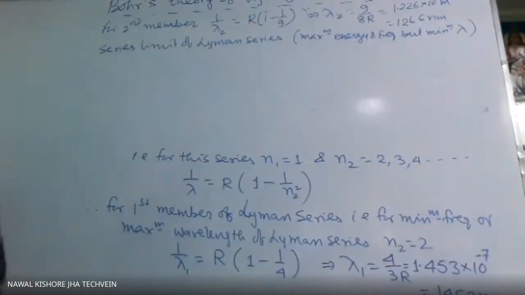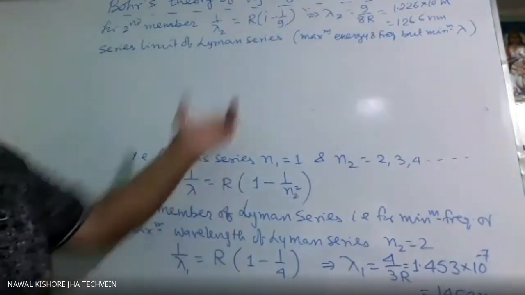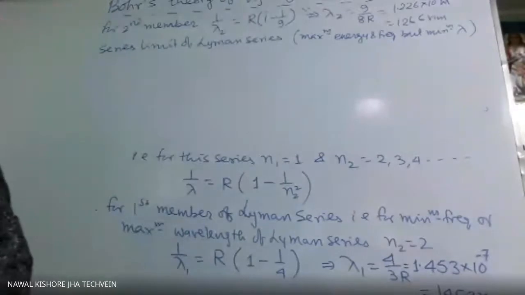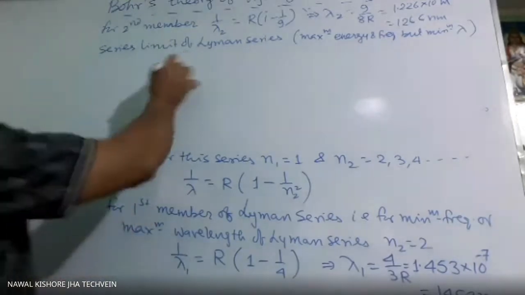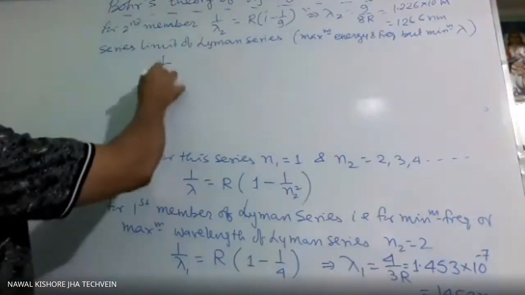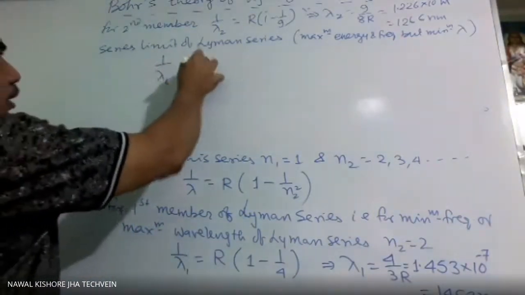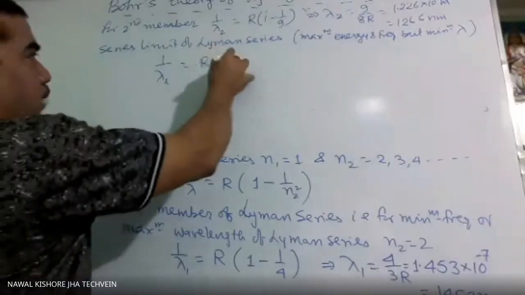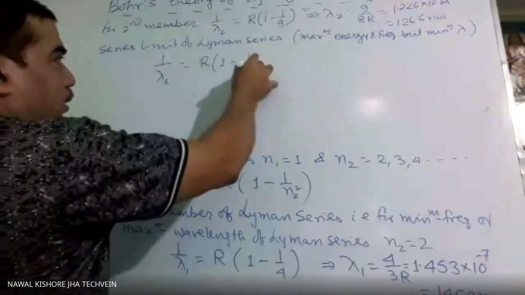So if you are asked, what is the maximum energy of the photon emitted by Lyman series? That means indirectly you are asked the energy of series limit. So what will be in this case? 1 by lambda L will become R times 1 minus 1 by infinity square.